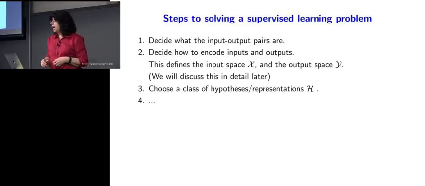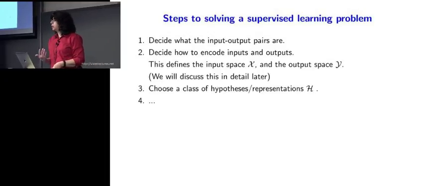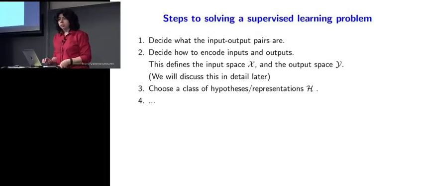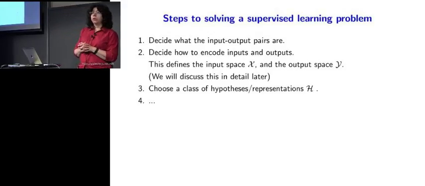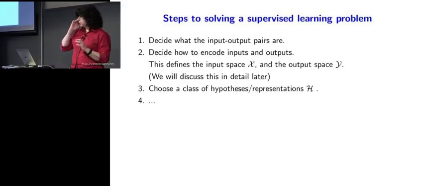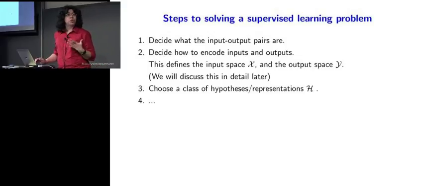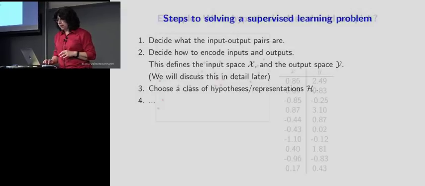That's a choice that you have. Sometimes you need to do some kind of filtering or pre-processing on the data in order to ensure its quality. You need to figure out how to encode the inputs and the outputs. Okay, for example, you might want to take the continuous variables and normalize them or discretize them. And then we have to choose a class of hypotheses or representation. So that's where we're going to look at now.